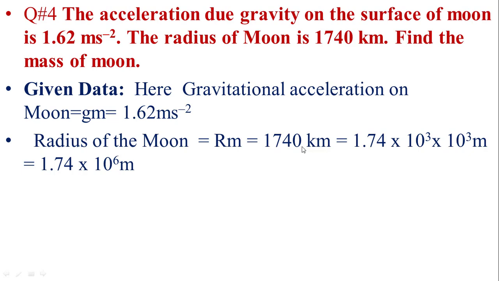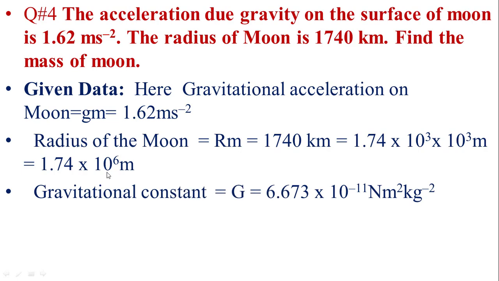Move the decimal place from the arrowhead, this point to this point, three places: 1, 2 and 3. It can be written in this form: 1.74 multiplied by 10 raised to power 3, multiplied by 10 raised to power 3, the value of kilo. So the final answer is 1.74 multiplied by 10 raised to power 6 meter.